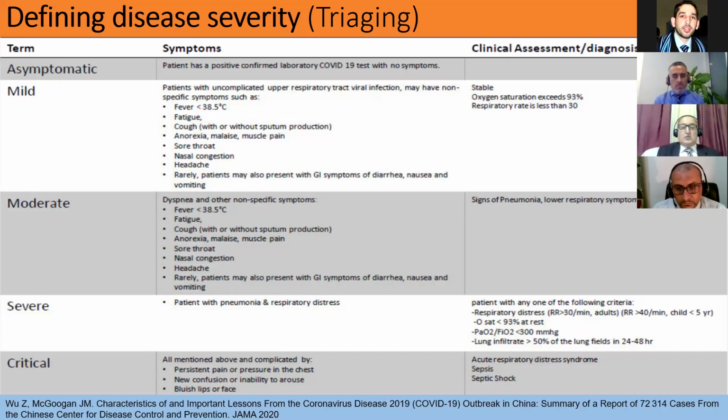And those who are critical usually have the same symptoms as severe COVID pneumonia, but in addition to that, the patient will have ARDS and respiratory failure type 1, or maybe comes with septic shock with multi-organ failure. And usually the level of consciousness in these cases is altered.